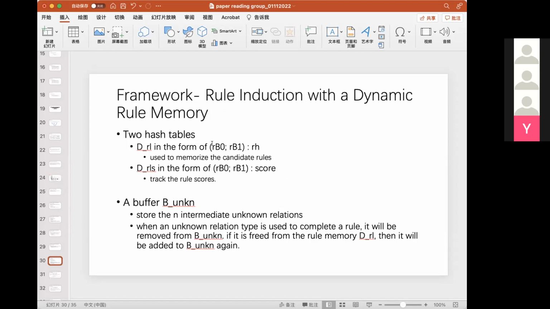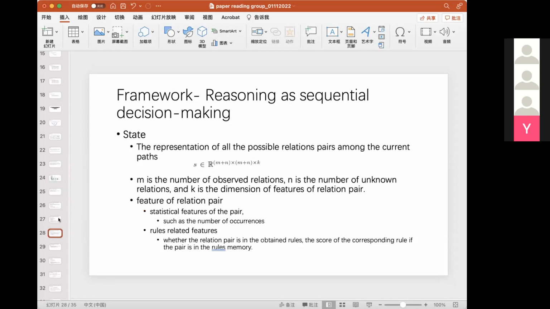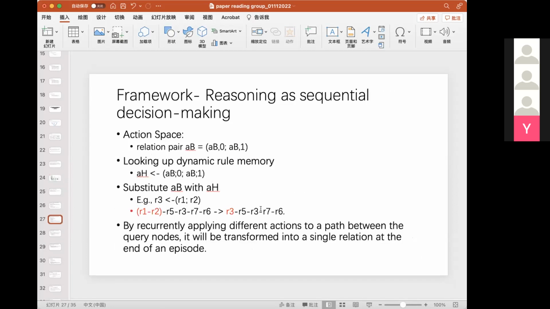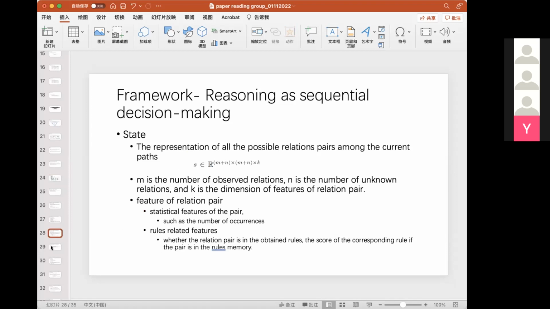It is just like a table. The rule body is taken as the key of this table, and the rule head is taken as the value. According to this table, it decides which relation can be used to replace this relational pair. So these two things are separate.